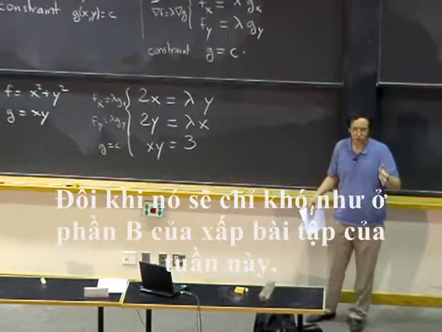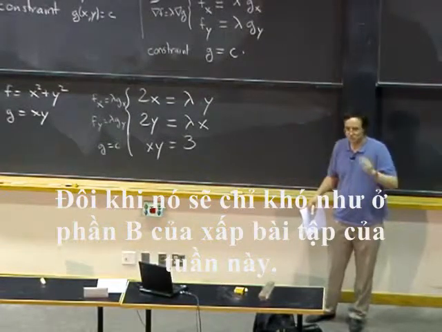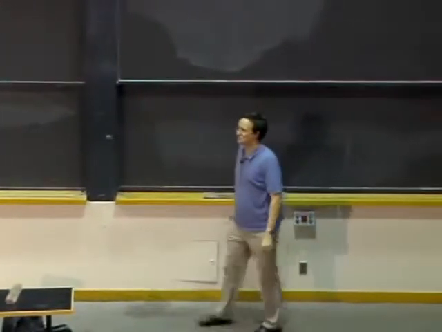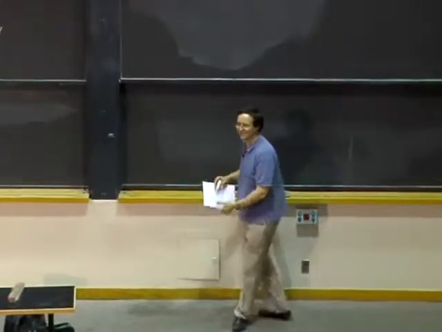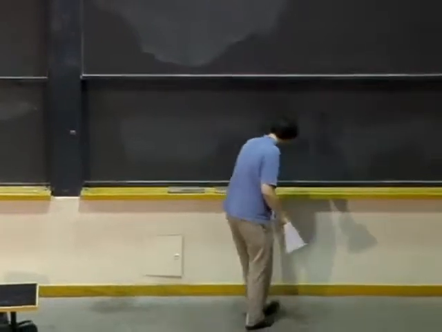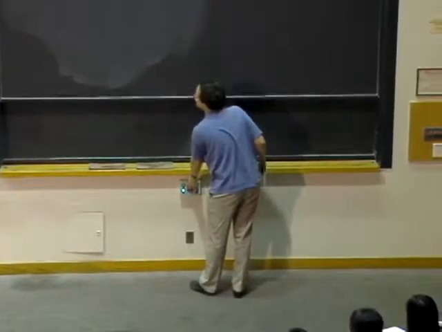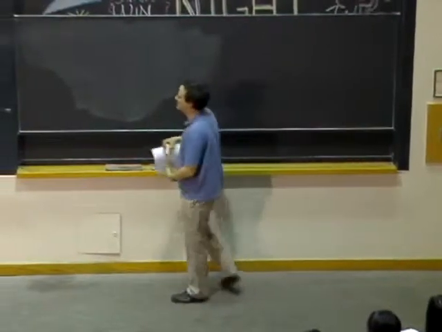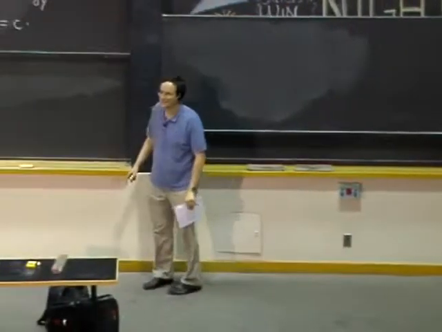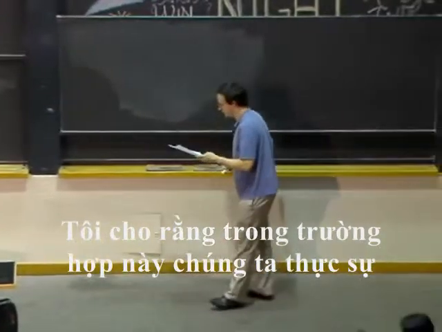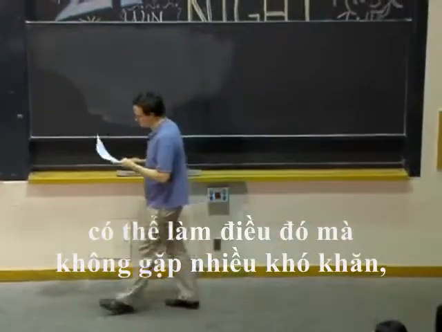Sometimes it will be just hard enough to be on part B of this week's problem set. Okay. So in this case, I claim we can actually do it without so much trouble.